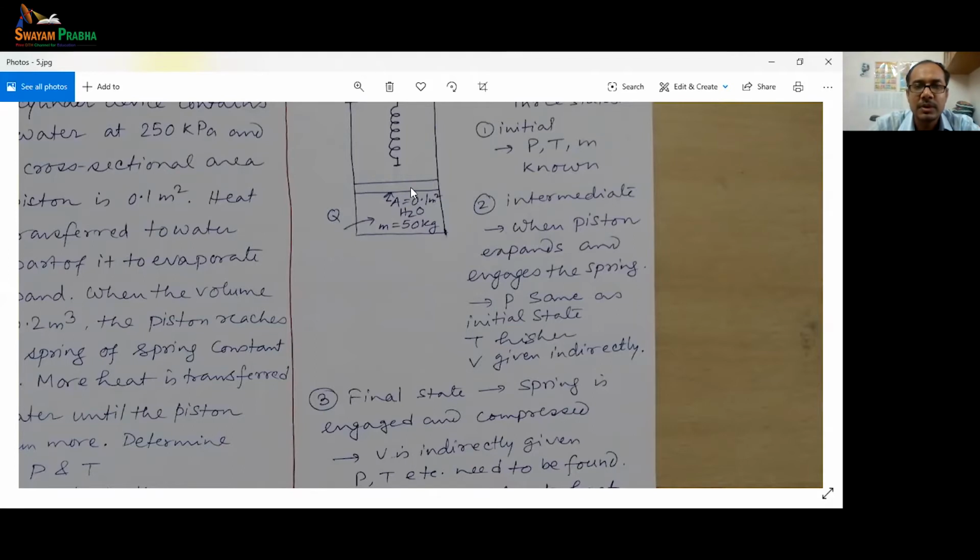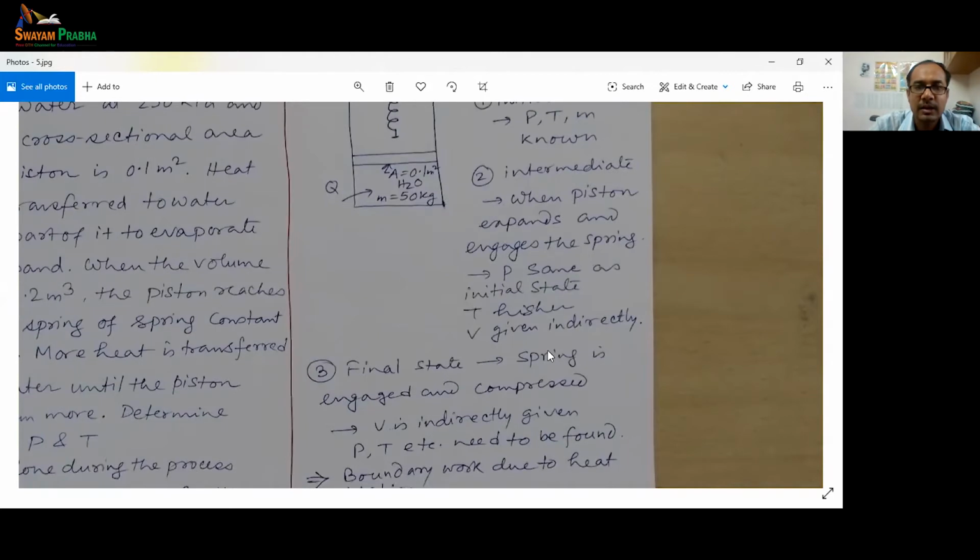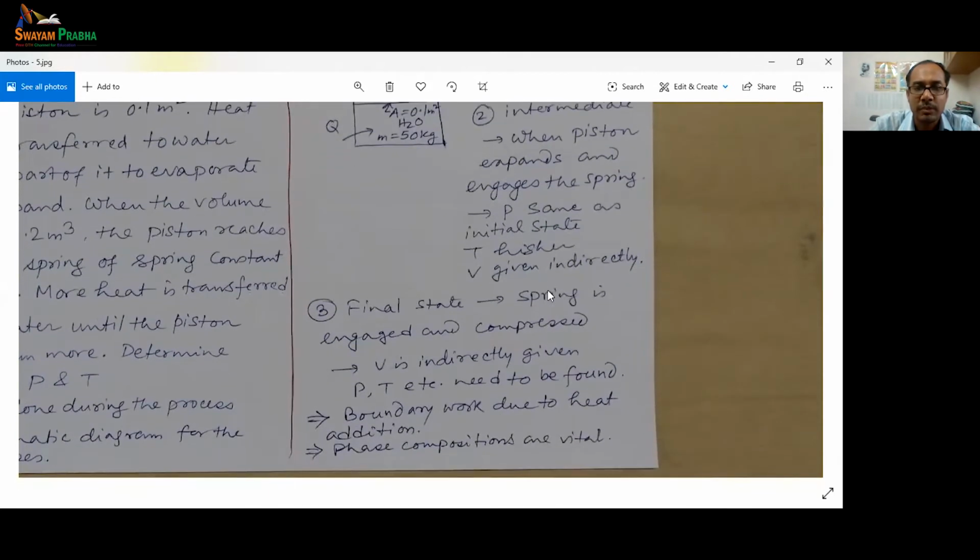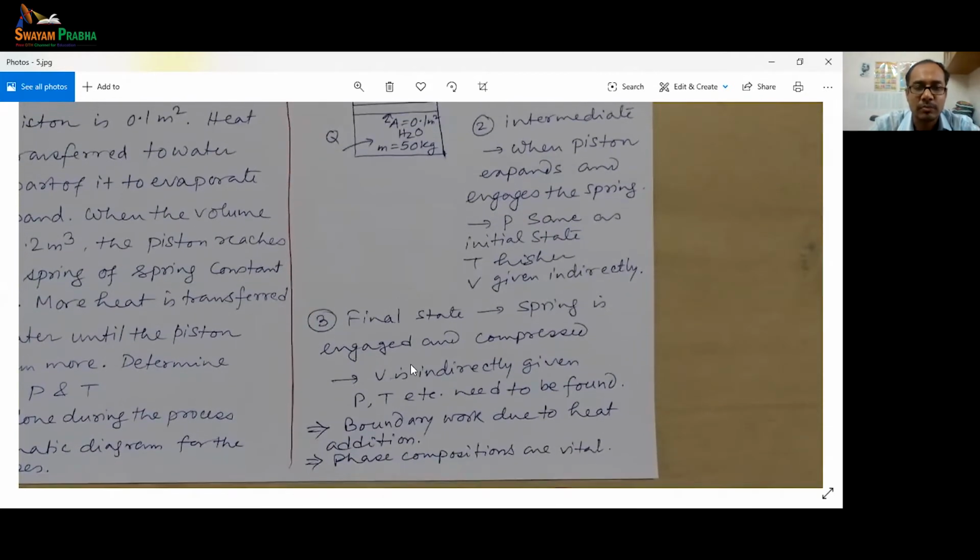Because the weight of the piston is the only pressure that the gas feels. But you have supplied some heat, so temperature will be higher than state 1, and the volume will also be more, right? So the initial volume we don't know, you have to find out, but the state 2 intermediate volume is given, and that will be more than the initial volume.